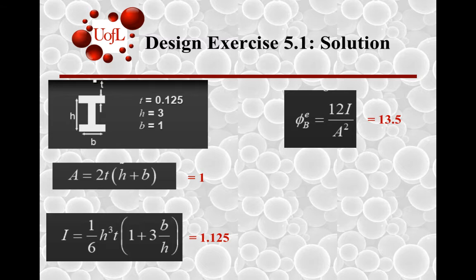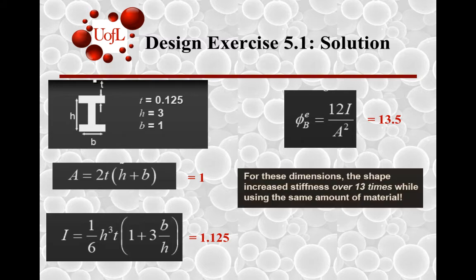What does this term mean? It means that for these dimensions of the I-beam, the shape increases stiffness over 13 times using the same amount of material, because cross-sectional area is the same, right? Just the shape is different. This is the indicator of what the shape factor means.